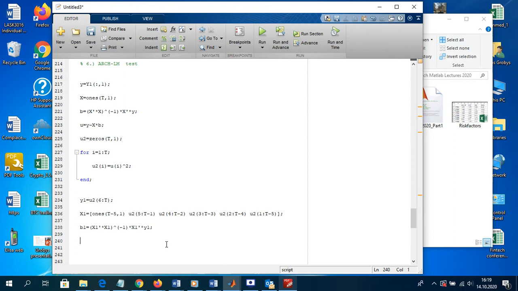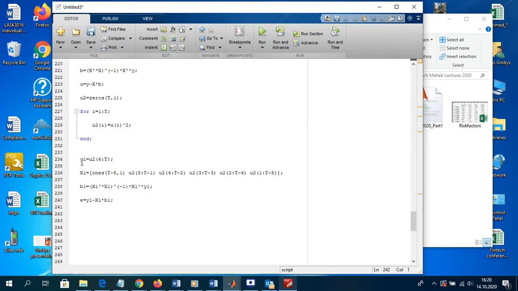So now we get also the error term for the auxiliary regression. Let's note it as E, because we have u already for the mean equation. So let's use E as a residual vector. E is equal to y1 minus X1 times beta 1. This is now the residual for the auxiliary regression that we have defined here.